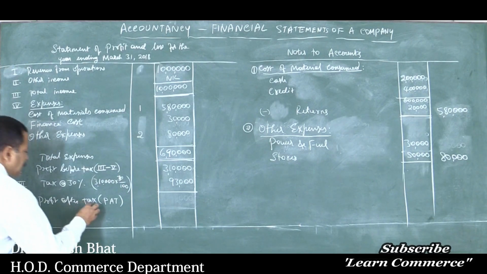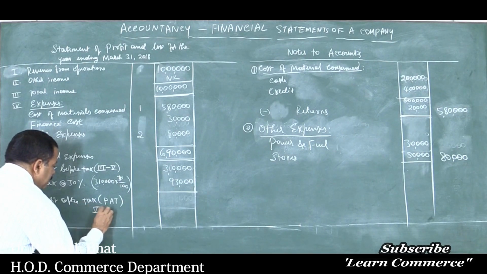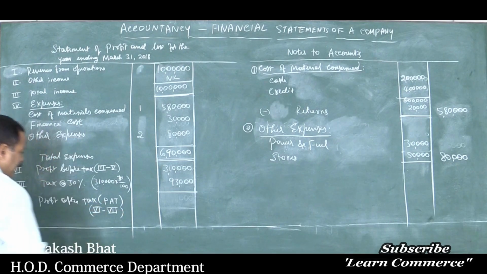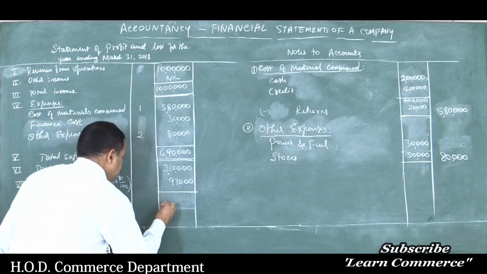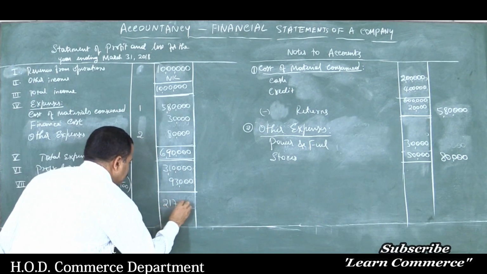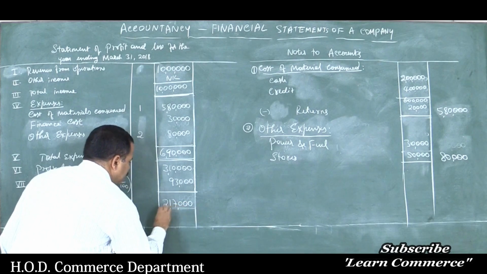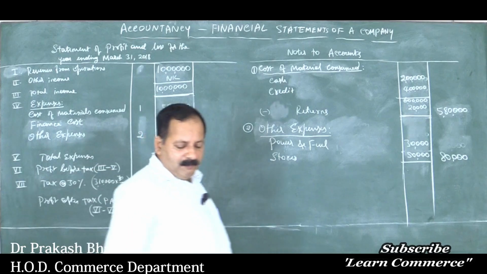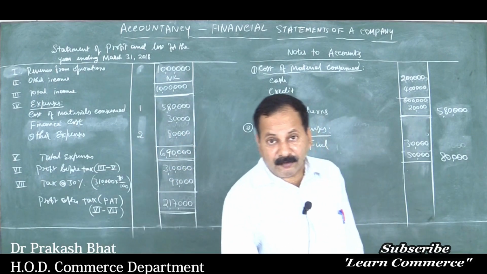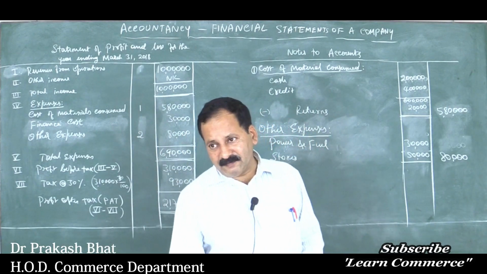PAT is 6 minus 7. How much will it be? 2,17,000. So that is how you have to solve a problem when it is given to prepare statement of profit and loss. I think it is very easy, right?